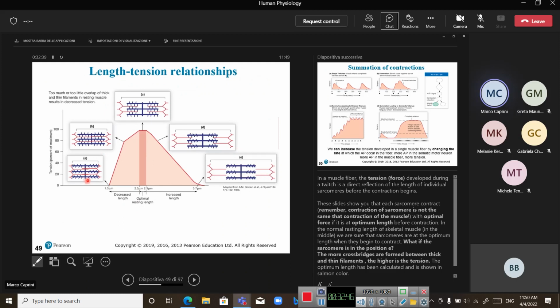And remember, the contraction of the sarcomere is not the same as the contraction of the muscle. I can contract the sarcomere without contracting the muscle. I can create a tension without a contraction of the muscle. We will see it in a minute. Okay?